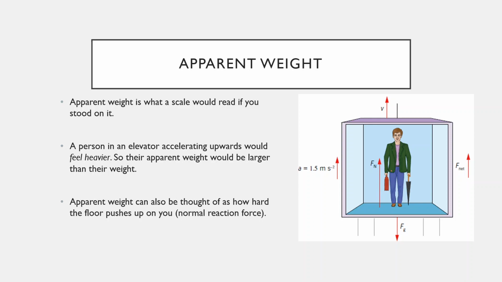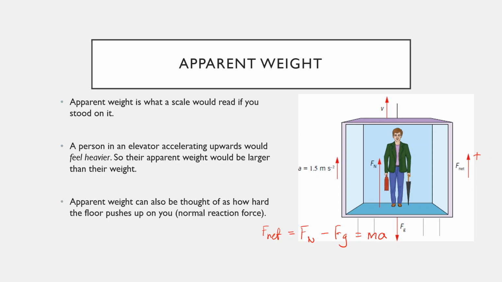If those are the only two vertical forces acting on this person, and the net force is pointing upwards, then you could write a net force equation: the net force is equal to all the positive forces, we're assuming up is positive, minus all the negative forces. So now we're going back to area of study 3, where we dealt with forces. And this is not 0. This is equal to ma because the person is accelerating.